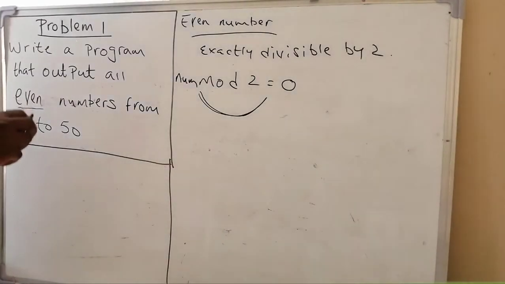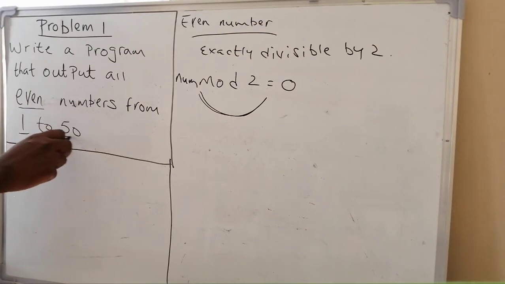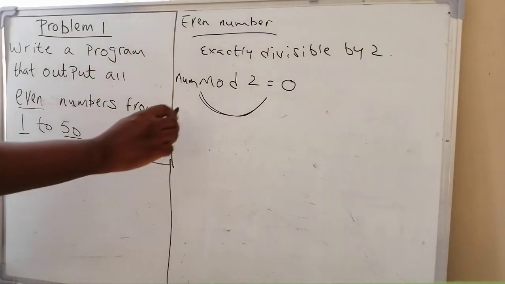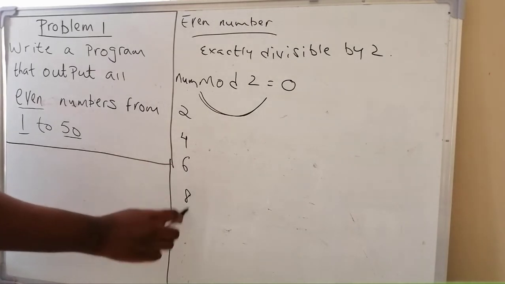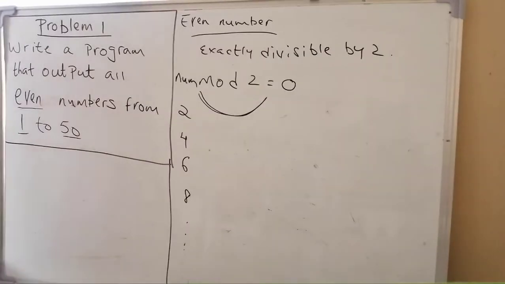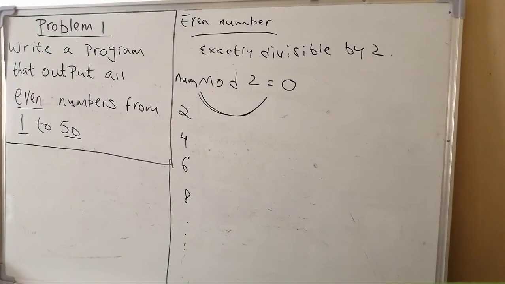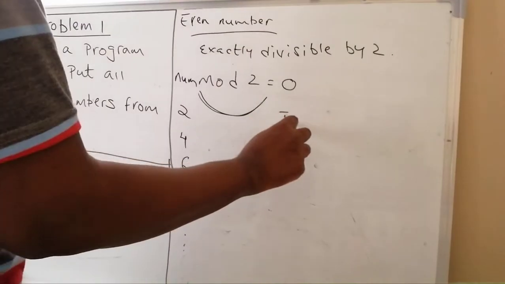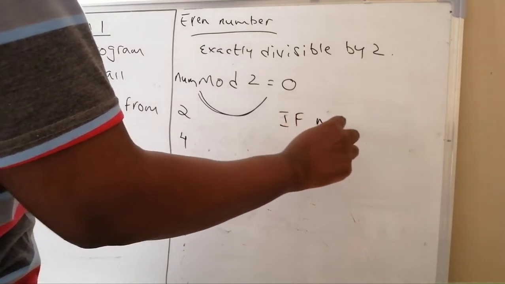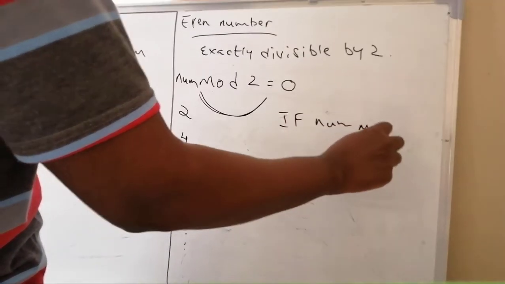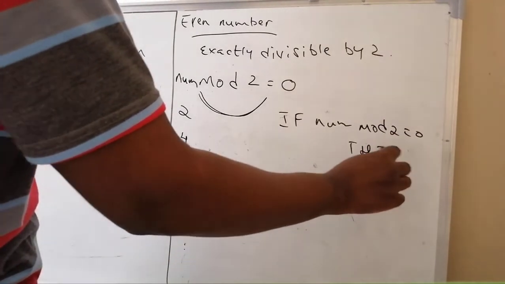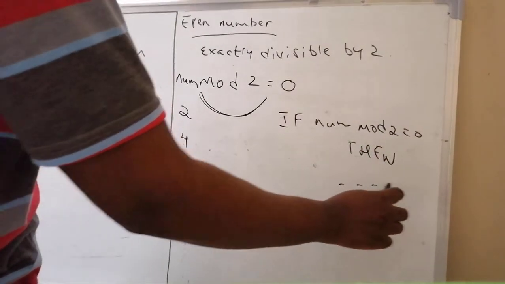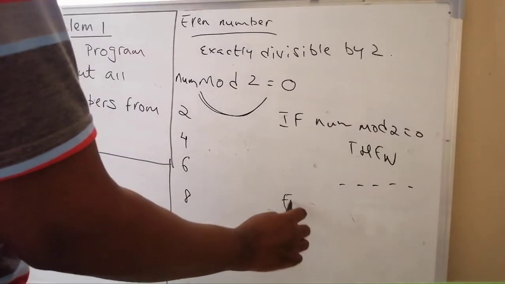Now this particular problem requires us to do even numbers from 1 to 50, therefore 2 will be an even number, 4, 6, 8, it goes on like this. So if you have to test an even number, where you're inputting a given number, you will do if num mod 2 equals 0, then you're going to do a particular action, maybe output that number.